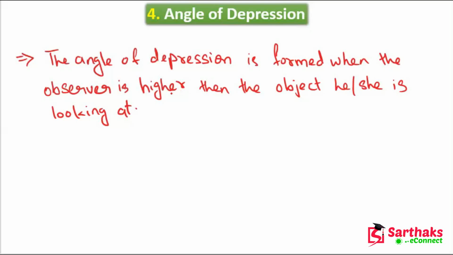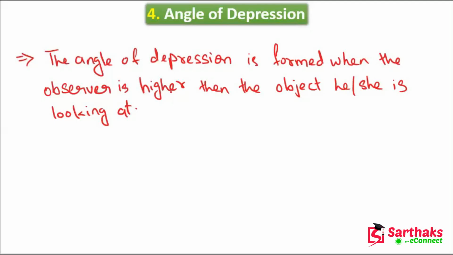When an observer looks at an object that is situated at a distance lower than the observer, an angle is formed below the horizontal line drawn at the level of the eye of the observer and the line joining the object with the observer's eyes.